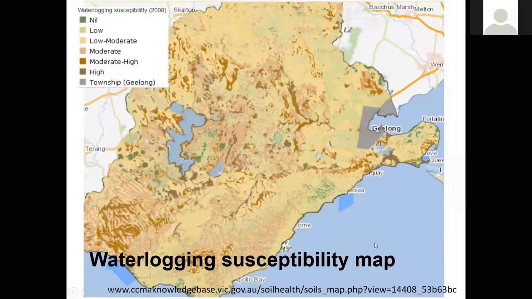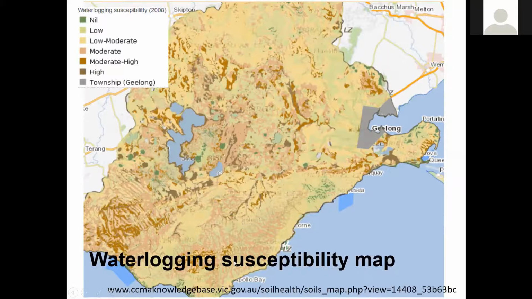Now, unfortunately, it's not available for Glenelg Hopkins, as I understand, but in Corangamite a few years ago, we did what we call waterlogging susceptibility maps. Those maps took into account a number of things: the soil type, the rainfall and historic rainfall intensity, the topography of that soil, and things like the potential drainage.